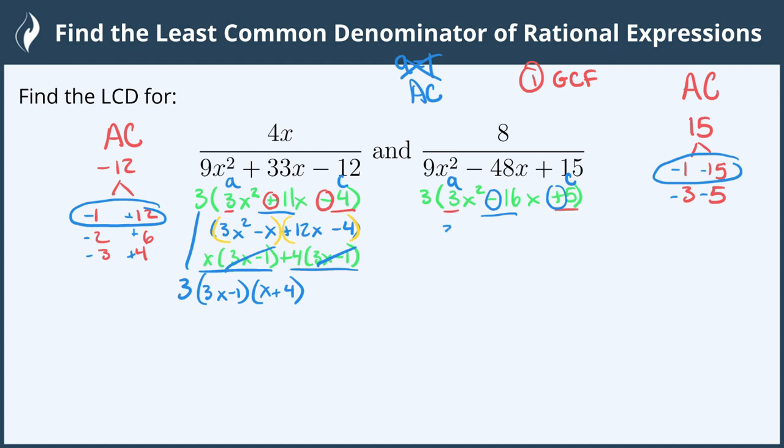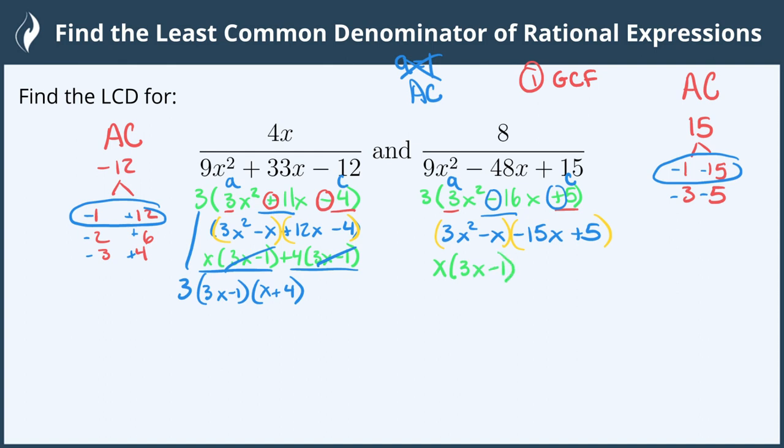So we'll replace it. And we have 3x squared minus x minus 15x plus 5. Then we'll factor by grouping our first two and our second two. The greatest common factor of the first two is x. So we have 3x minus 1.